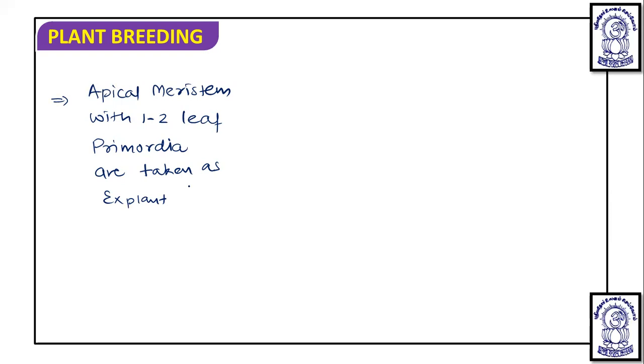For this, the apical bud is sterilized. Then this apical meristem with the two leaf primordia is taken, which is also known as the shoot tip.